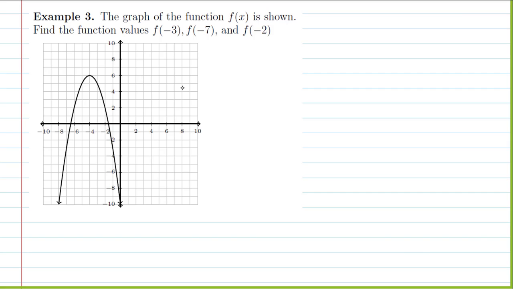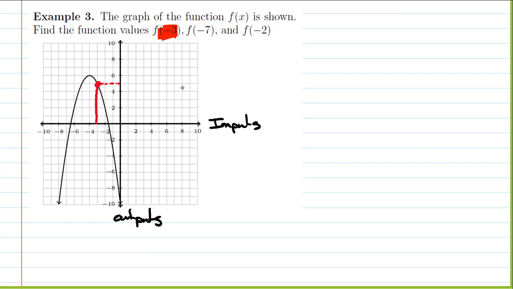So if I want to find f of negative 3, that's my input, or my x. So my inputs will always be on the horizontal axis, and my outputs will always be on the vertical axis. So to find the output for negative 3, I go to my input negative 3, and then I go up or down until I touch the curve.